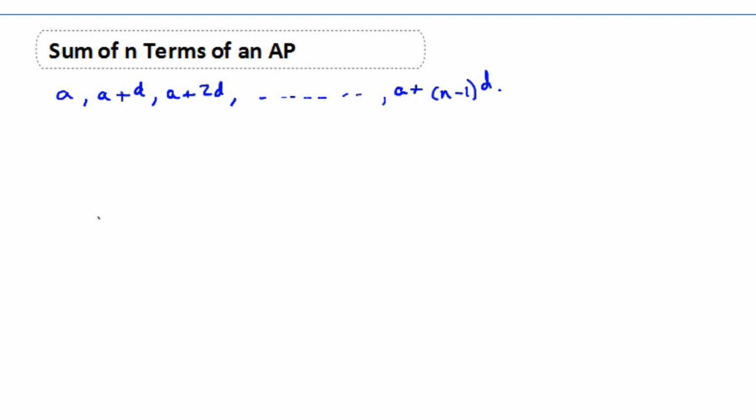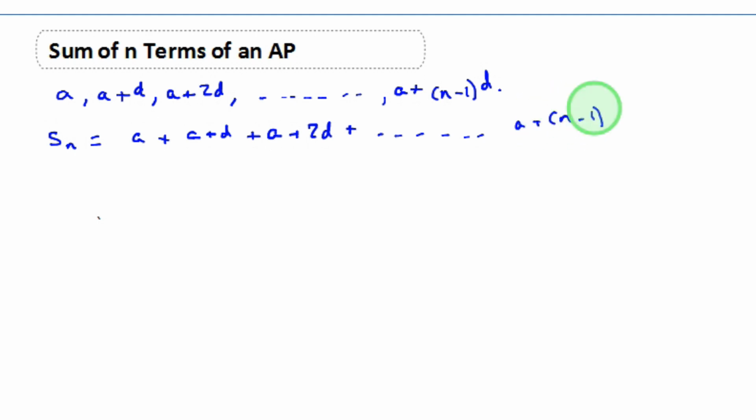So if we want to find the sum of the first n terms of any arithmetic progression, it would be a plus d plus a plus 2d plus and so on up to a plus n minus 1 times d.